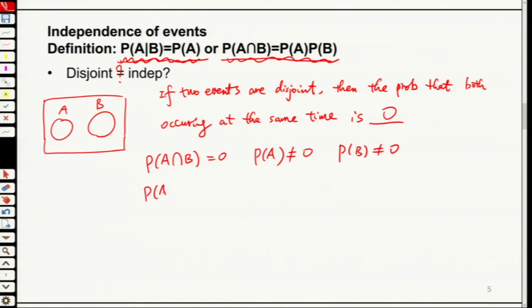So if we have P(A intersect B), does it equal P(A) times P(B)? That's not equal. So that's why disjoint does not indicate independence. Disjoint is just mutually exclusive.